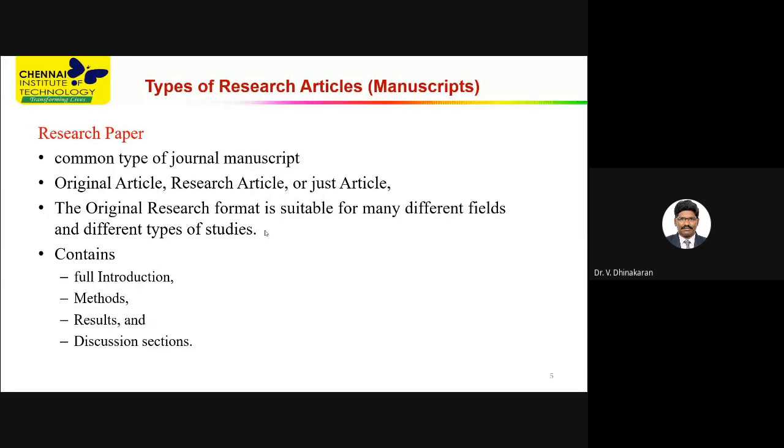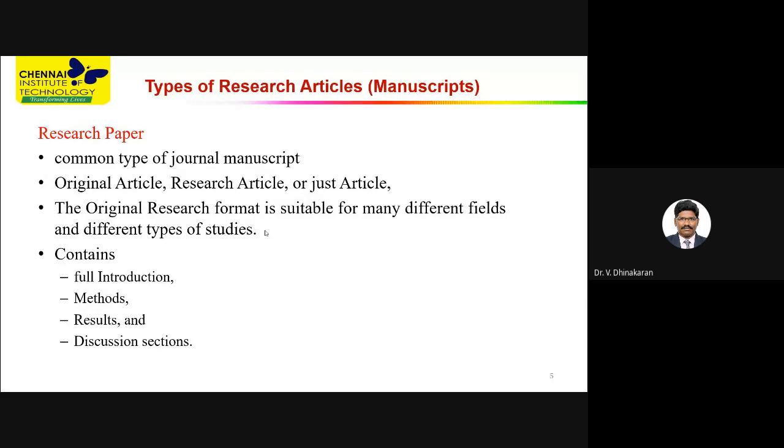The format of research articles will also vary from journal to journal. Your research article should contain a thorough introduction about the technology, why you are carrying out the particular research work, and what the novelty in your research work is. Everything should be included in the research paper.